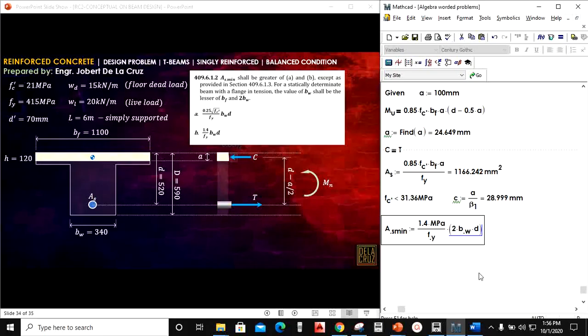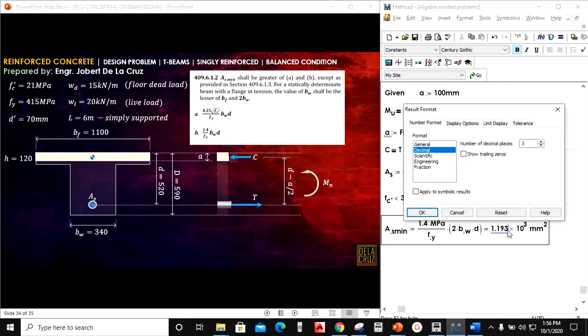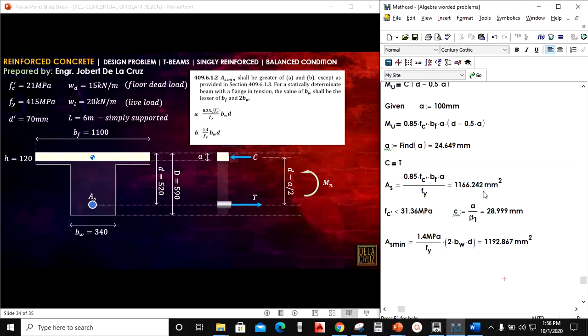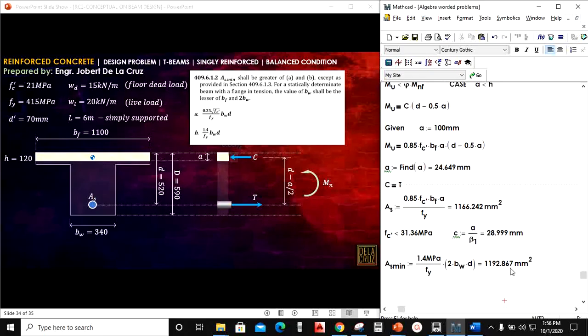And that is 1192. Now as you can see, our As is smaller than our As minimum.